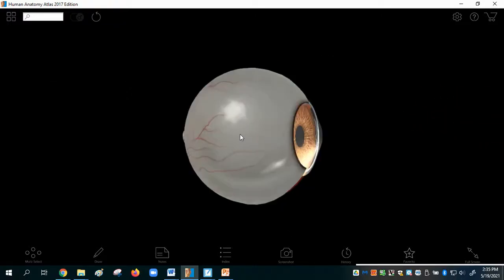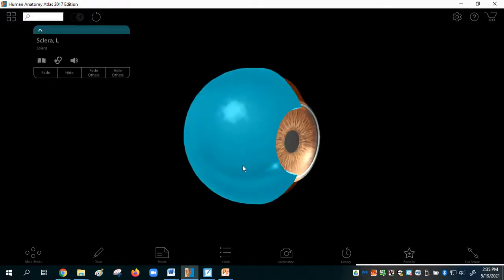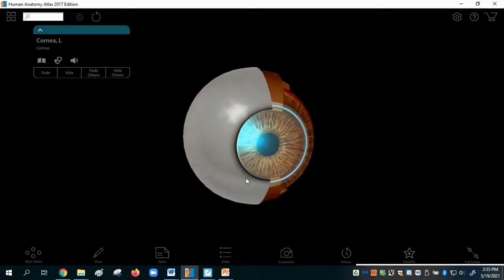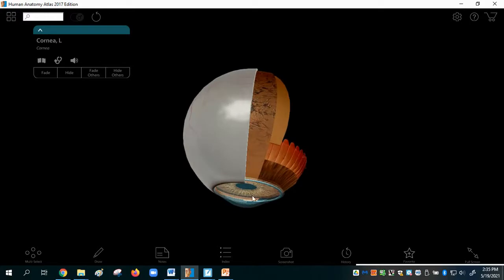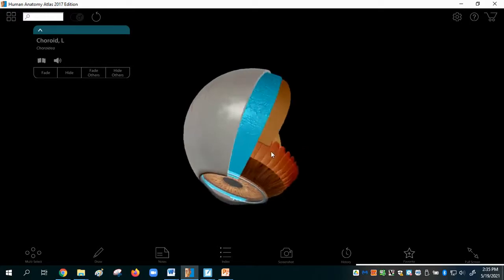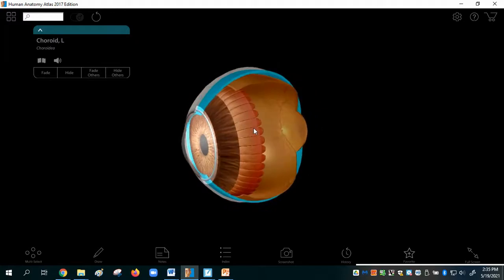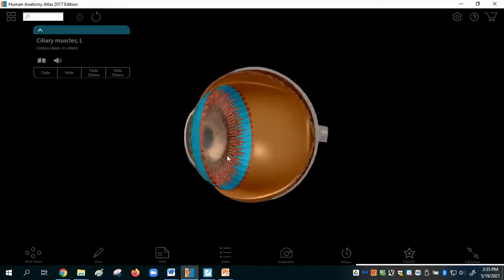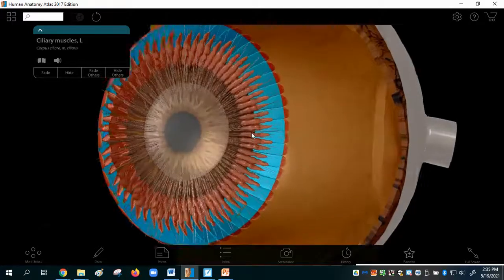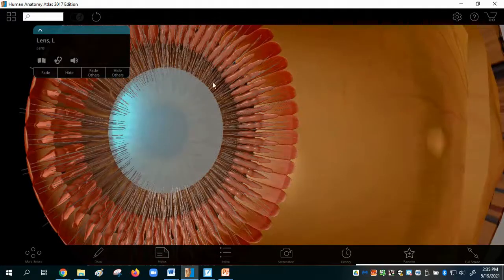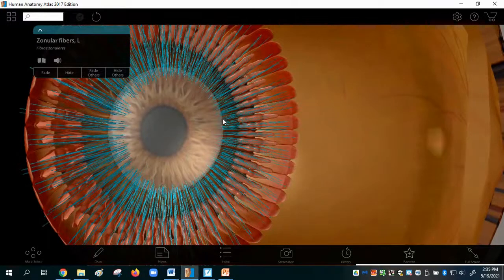Quick review: we've got the sclera, the white part at the outside, and that becomes the cornea at the front of the eye, and that's clear. That helps to begin focusing light rays. Underneath the sclera is the choroid layer, the middle layer, that becomes the iris, determining the size of the pupil, and the ciliary body, which is connected to the lens by the suspensory ligaments.